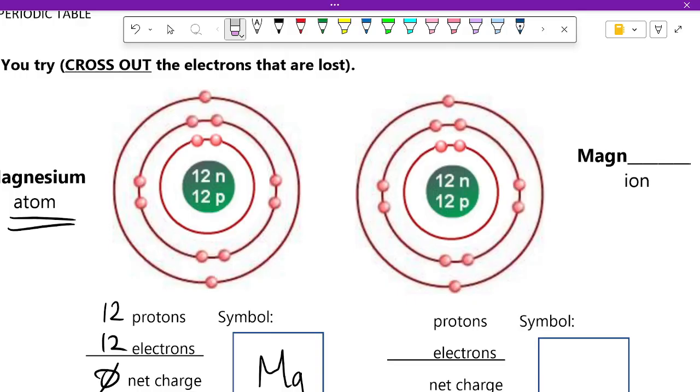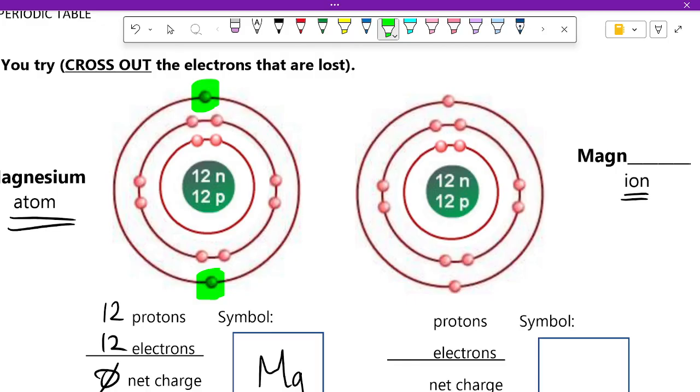In order to get from the atom to the ion, what does that magnesium atom have to do? Is it going to gain electrons or lose electrons? It's got how many in its outer shell? 1, 2. If it's got 2, is it going to gain 6 to become 8, or is it going to lose 2 to become empty?